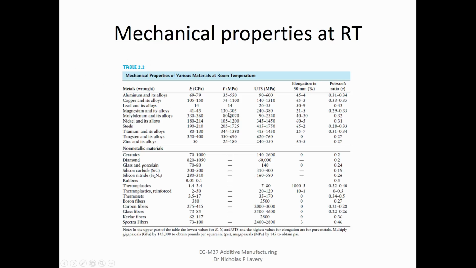Here are some different ranges that you would expect from different alloys. Lower UTS with aluminium, wide range with copper. The trade-off there is always between the upper tensile strength, the yield, and the elongation. So materials that typically have good elongation don't necessarily have such good tensile strength.